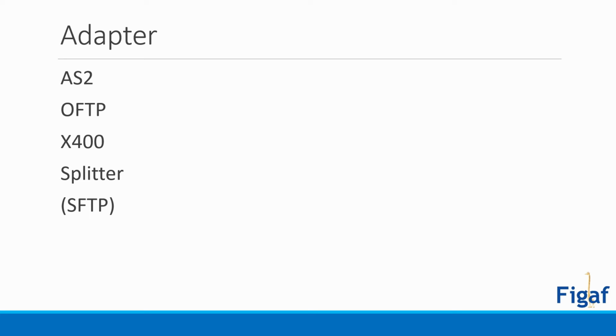Then there's a split adapter, and the split adapter takes the messages that you have and splits them into different messages that are relevant for it. So that makes it quite like the 997 channel in Seeburger, where you could take a message and then split it based on the sub-attributes of this message.